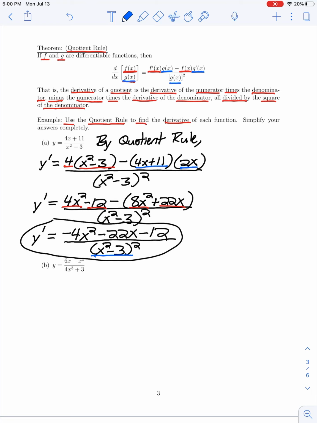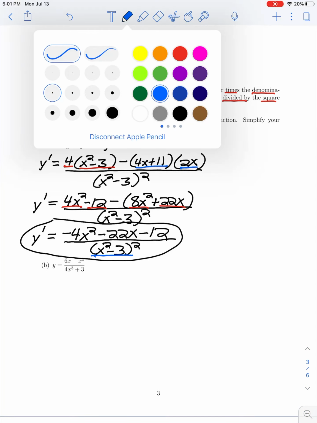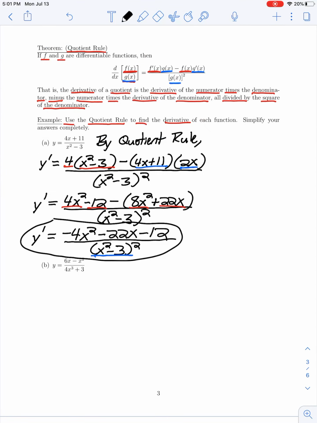In part B, we have y is 6x minus x squared over 4x cubed plus 3. So again, as soon as we see that this is a quotient of two polynomials, we should think to ourselves, let's use the quotient rule. Additionally, in the example, we're told to use the quotient rule to find these derivatives. So using the quotient rule, our derivative y prime is found by first taking the derivative of the numerator, which would be 6 minus 2x, and then we multiply by our denominator, 4x cubed plus 3.